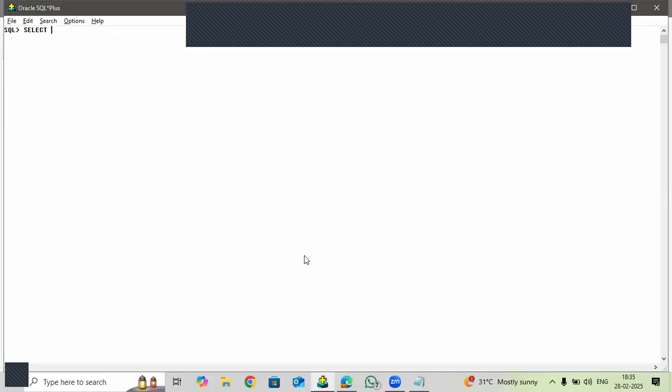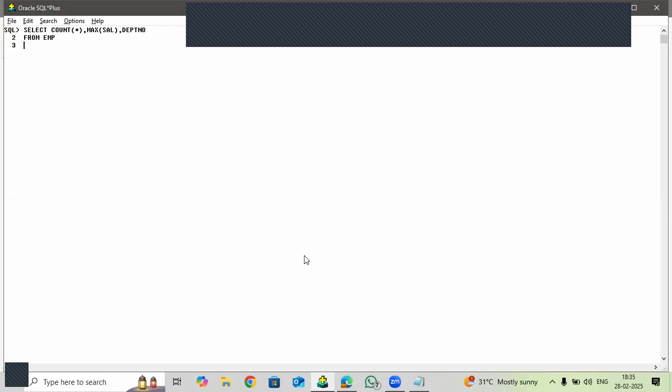Select number of employees, count of star, along with their maximum salary, max of sal, in each department number, comma, department number from EMP, group by, or where clause?